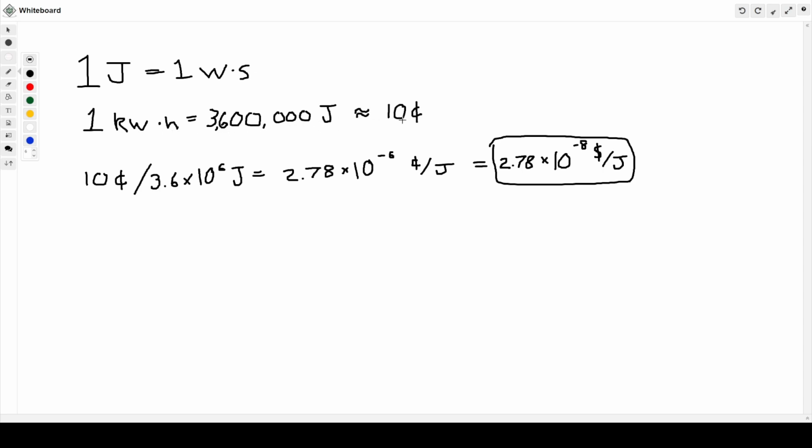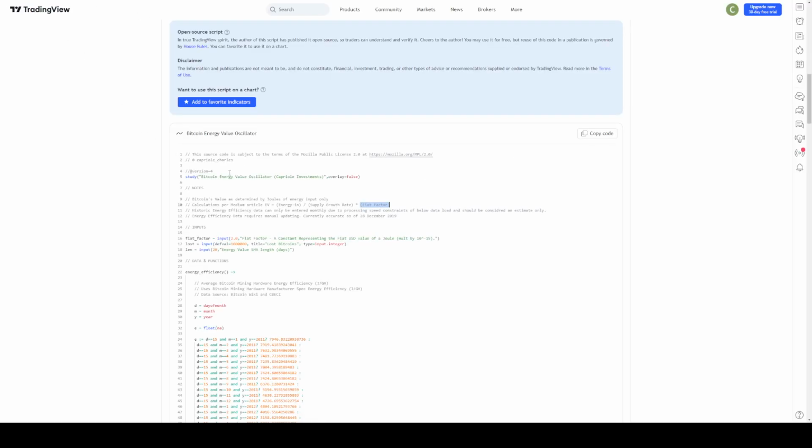And a typical energy price for this is about 10 cents. But this can vary depending on where you live. And then if you work this out a little further, you can get to the value I arrived at here. Again, not really sure where this value came in. Maybe I'm missing something.